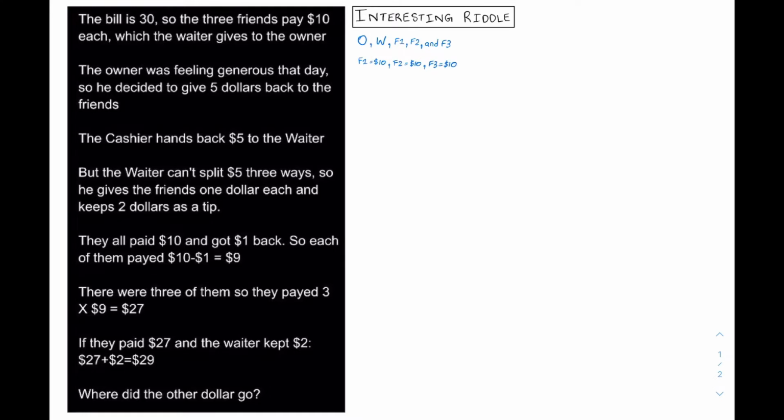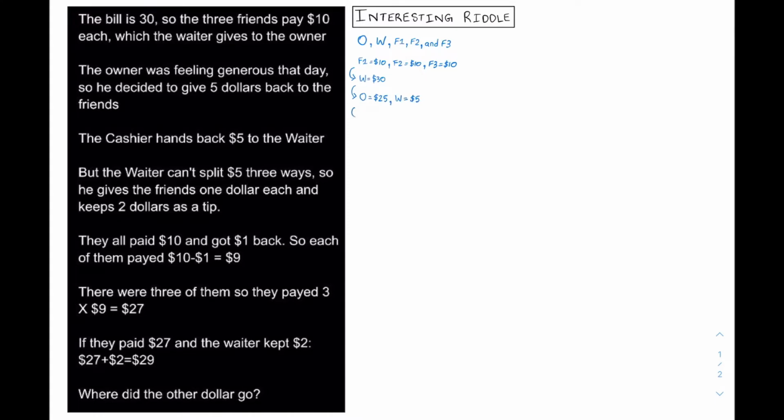They each give this $10 to the waiter, which leaves him with $30. Now, the waiter gives this money to the owner. But the owner says that he doesn't want all of it, and he gives $5 back to the waiter, leaving the owner with $25 and the waiter with $5.